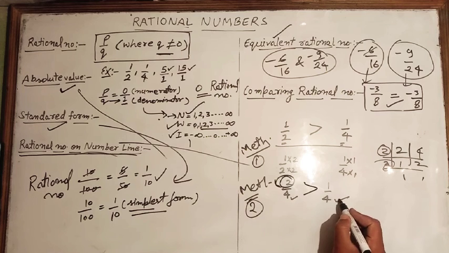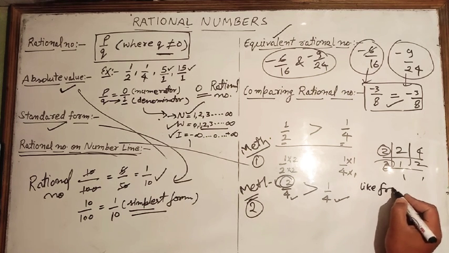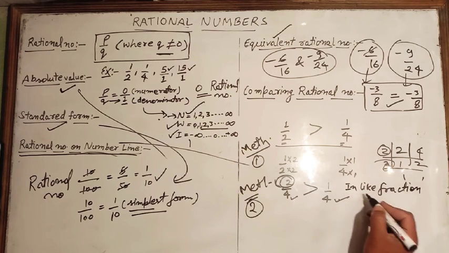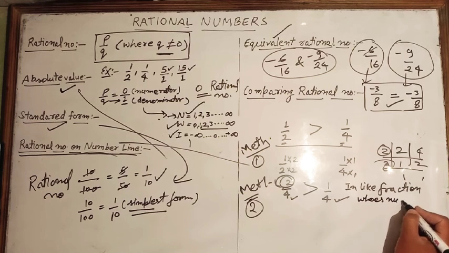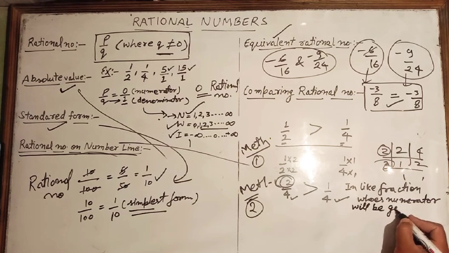If both are like fractions, you will remember this: in case of like fractions, the one whose numerator is greater, that fraction will be greater. You will remember that. Here you can see what the second way is.